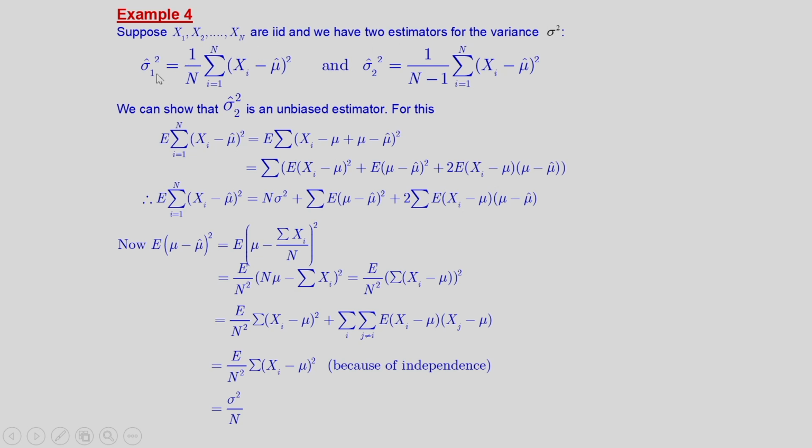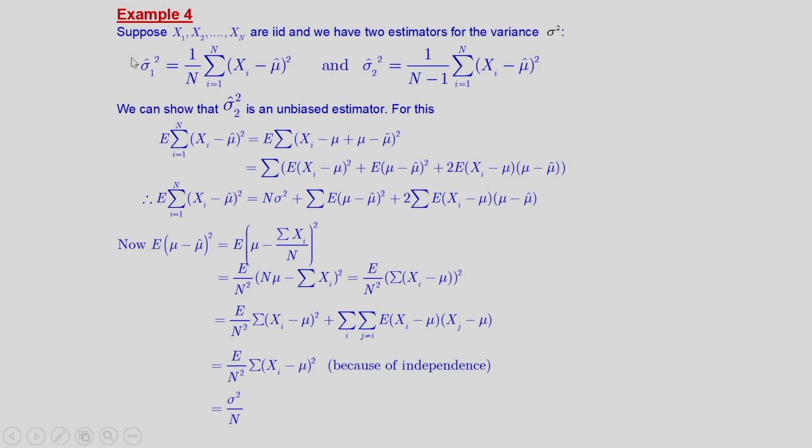There are two estimators. One is sigma 1 hat square, that is equal to 1 by n summation i going from 1 to n of xi minus mu hat whole square. So this is one estimator, and the second estimator is the same summation, but the scaling is 1 by n minus 1 instead of 1 by n.